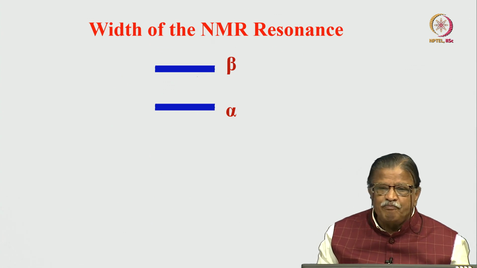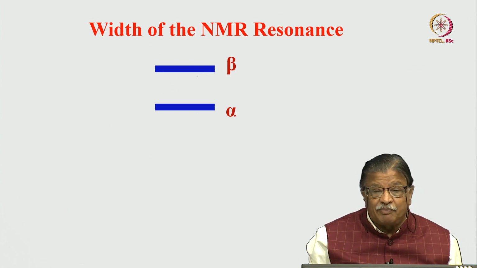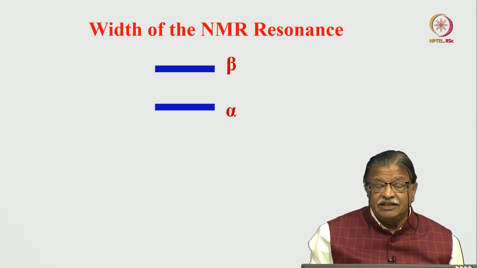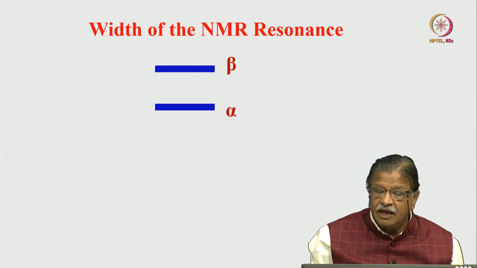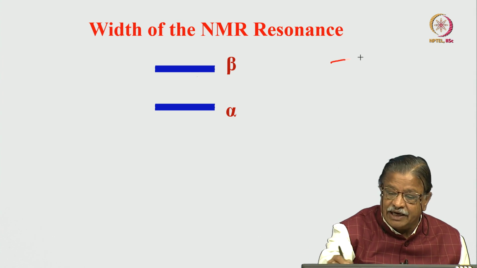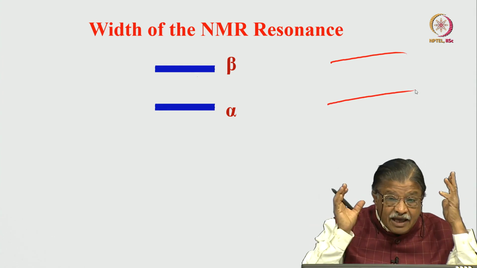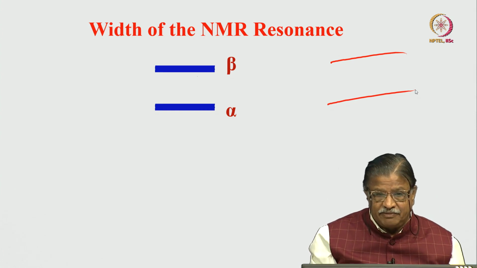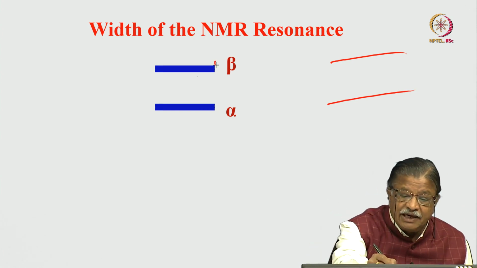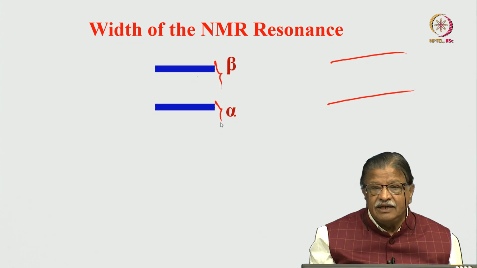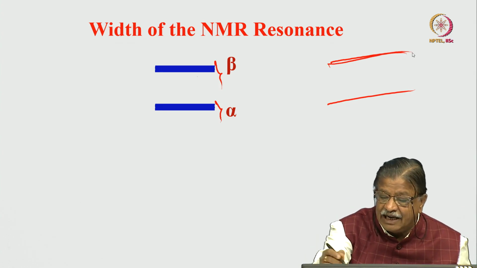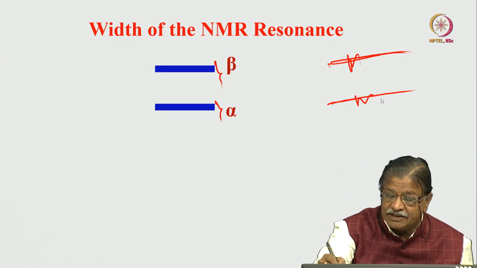Now, the question is, what is the type of spectrum we are going to get? We have to understand there are some intricate details. If you take two energy states, are they well defined states? You have understood the Heisenberg uncertainty principle, according to which there is a spread in the energy level. It is not well defined in a state like this, there is a spread in the energy states.